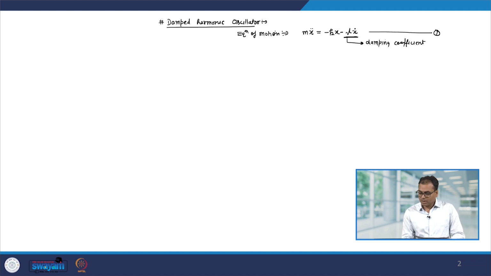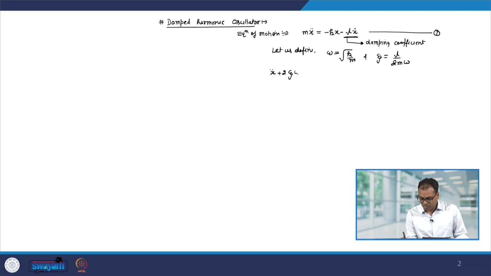Now, to solve this equation, let us define, as earlier, omega equal to square root k by m, and let us say some zeta equal to gamma over 2 m omega. In that case, I can write equation number 1 as x double dot plus 2 zeta omega x dot plus omega square x is equal to 0.